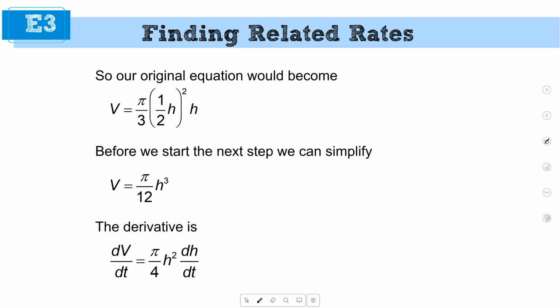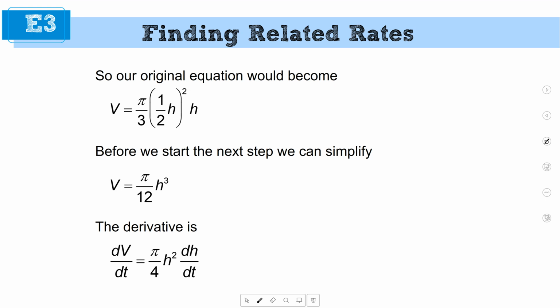Is everybody good? That's 3 pi over 12, which we simplified to pi over 4 because they're equal. How many unknowns? 3. Do I know 2 of the 3? Yes. You bet I do. I know dV/dt and I know h.